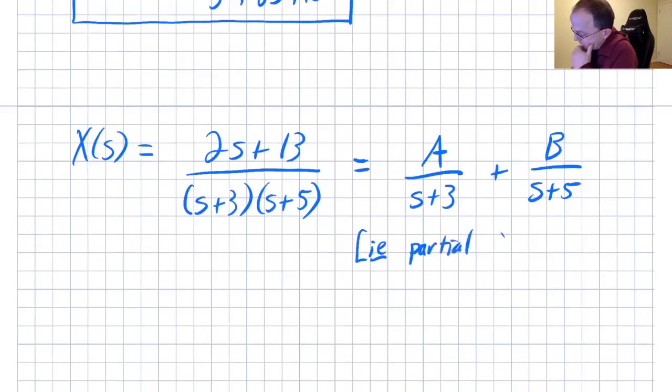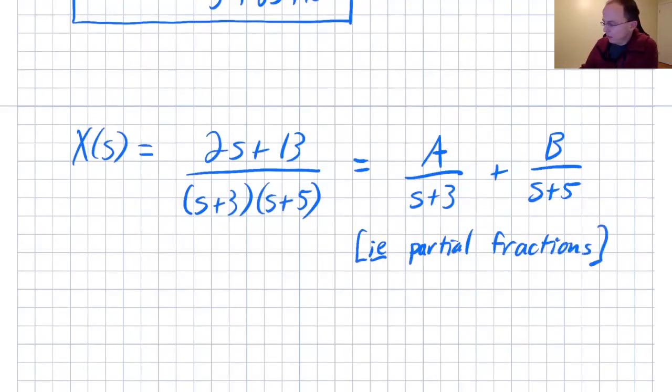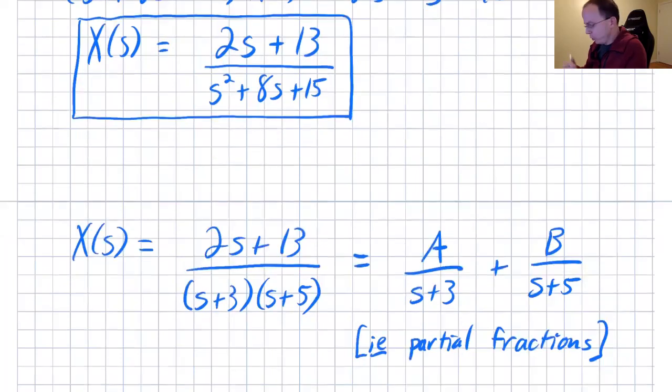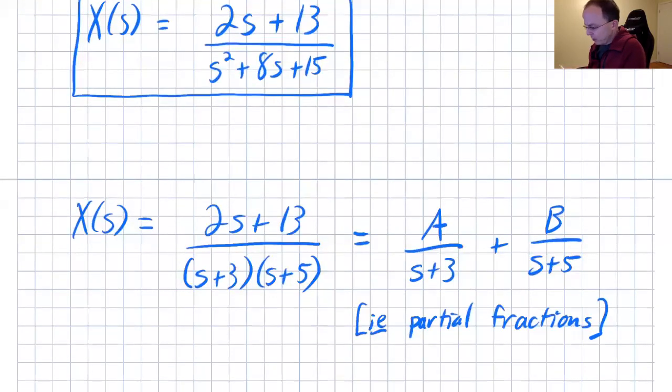You may remember this technique from probably Calculus 2, where you learn how to use partial fractions in order to integrate things like this. So we're doing partial fractions in order to take the inverse Laplace transform.